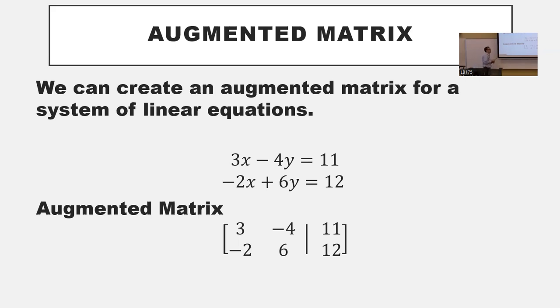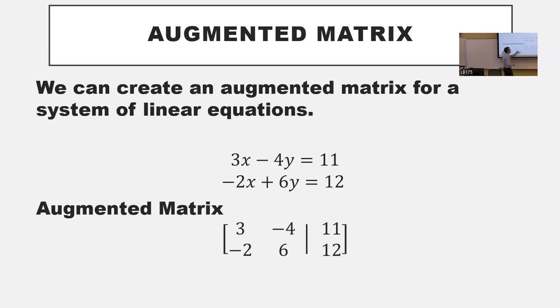And furthermore, I make sure that my variable terms are on the left-hand side of the equal sign, and my constant terms are on the right-hand side. With an augmented matrix, we always want our constant terms on the right-hand side and our variable terms on the left.